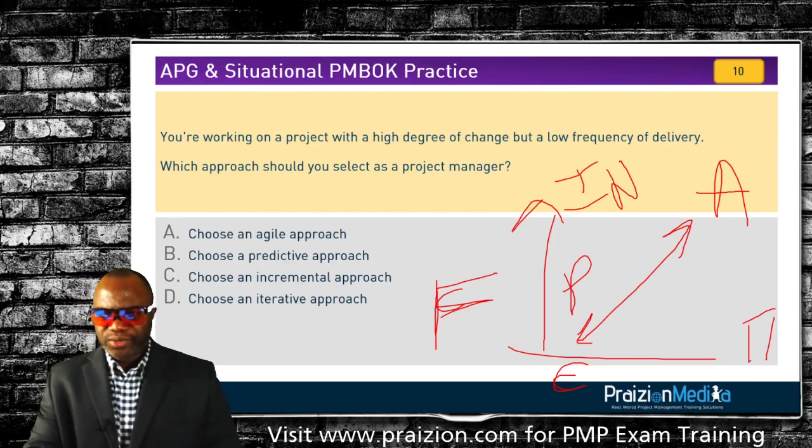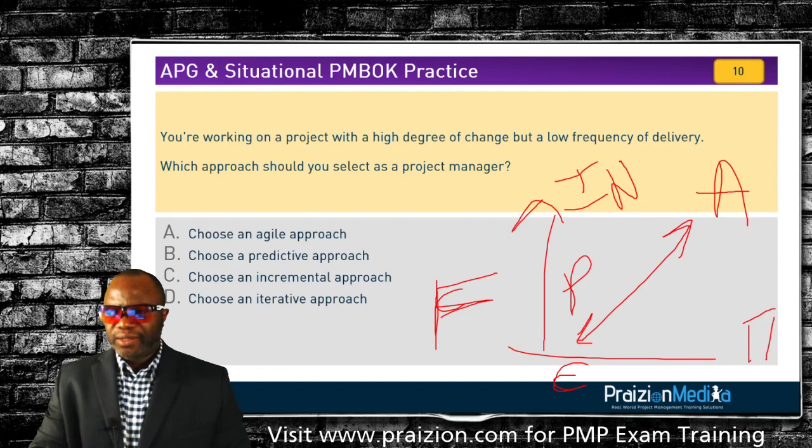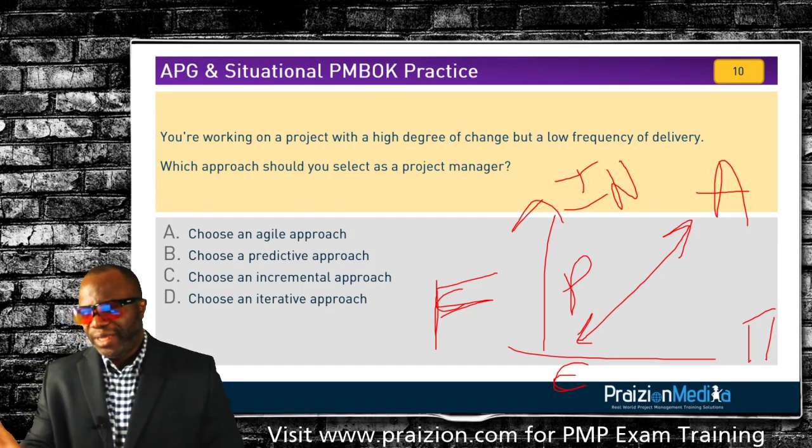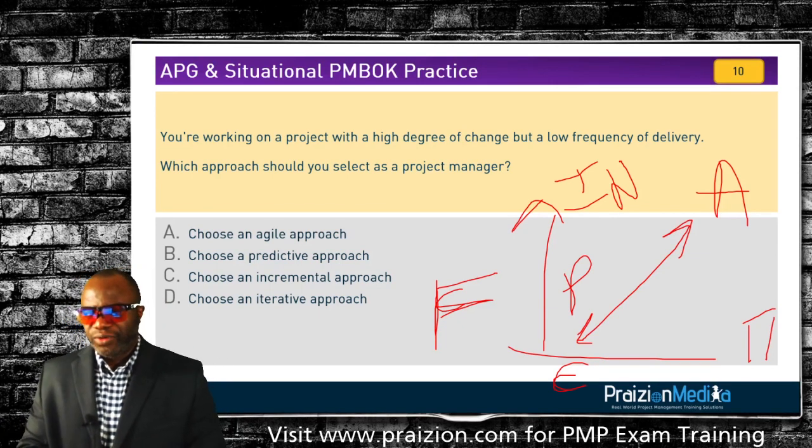But take a look and you'll see that when you have a low degree of change, you're going to be using predictive, or a high degree of change is going to be iterative or agile. A low degree of change is going to be incremental or predictive.